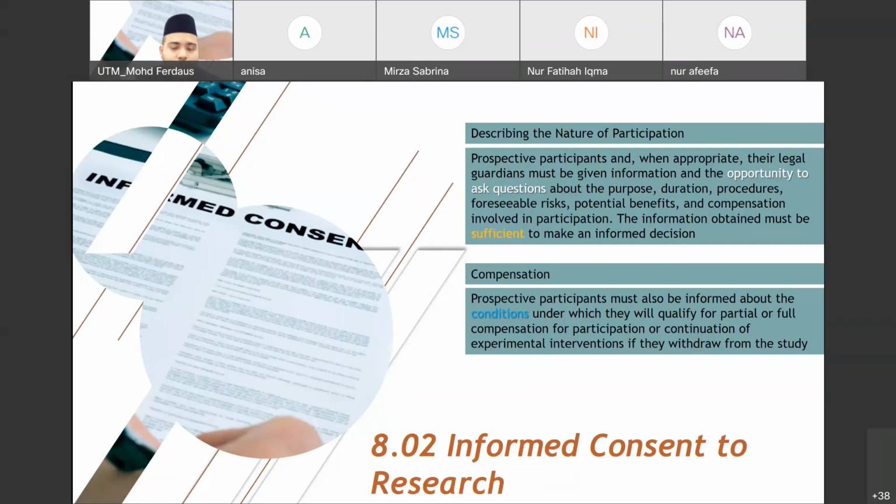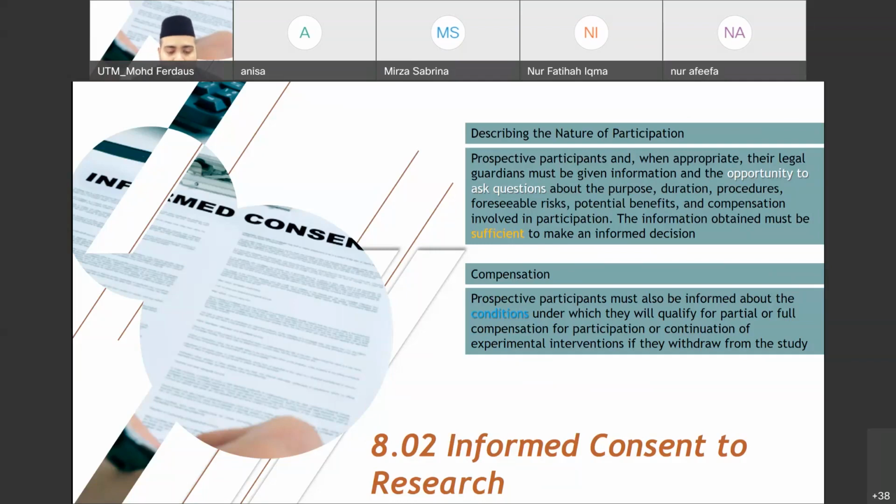Like I mentioned before, say for example, you promise them they are going to receive 50 ringgit token of appreciation if they answer your survey. Okay, but the condition is they need to answer all of the survey. If they return an incomplete survey, even though it's only 10% or 20% incomplete, they are not qualified to receive the compensation.